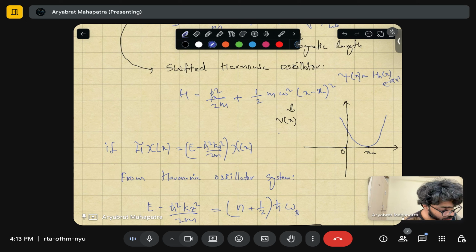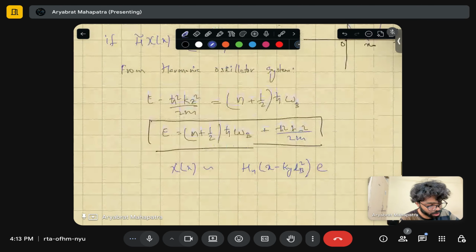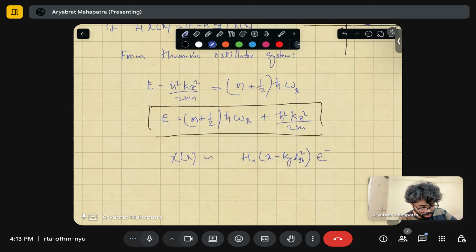But now since you have x naught which is shifted, instead of x minus 0, it will be x minus x naught. So that is why in this exponential part, which is basically the Gaussian form, here also it will be shifted, over 2 l_b square.